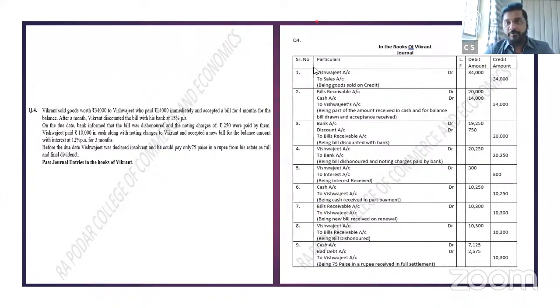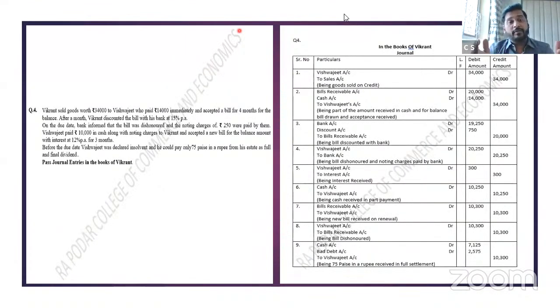One more thing, the common mistake observed is calculation of interest and calculation of discount. You need to be very particular about the time period while calculating interest and discount. When they say 10%, we, in a kind of anxiety, or I would say in a hurry, calculate the interest or discount for the full year.